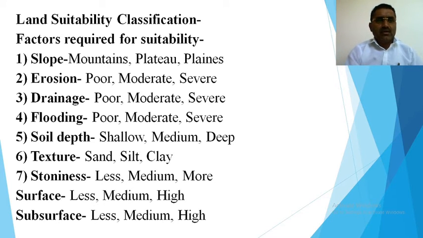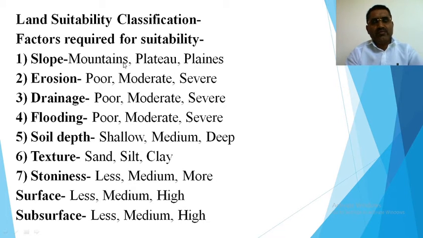So let us see. First factor is slope. As we know, there is a limitation governed by the slope on agriculture, and that's why slope is an important factor required for the suitability. If we divide the whole earth according to the slope, there are three major features formed over the earth: plains, mountains, and plateaus.